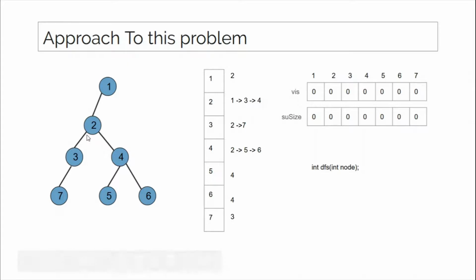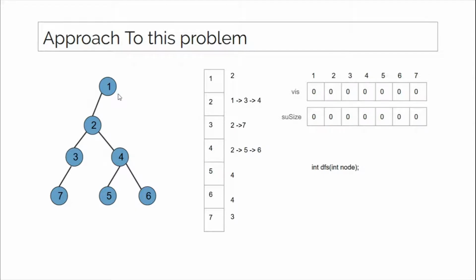But if node 2 becomes the root, then node 1 becomes a child of node 2, and the subtree size changes. So subtree size changes along with the root. So it is important when you calculate the subtree size of each node that the tree is rooted, or you must define the root. For our case, we are going to take node 1 as the root.